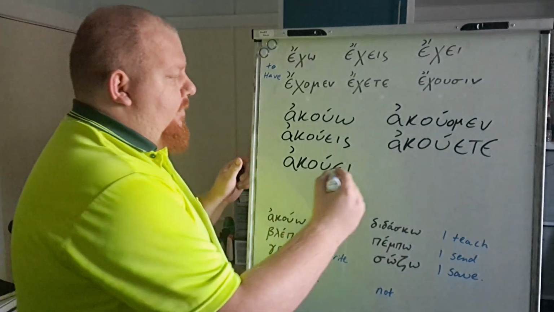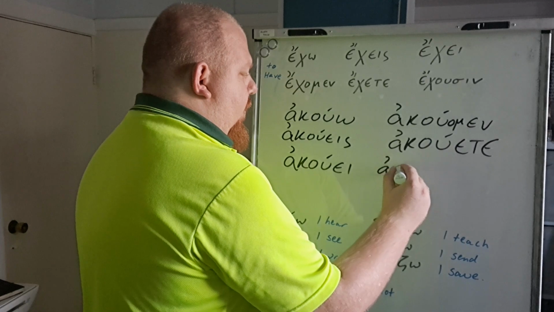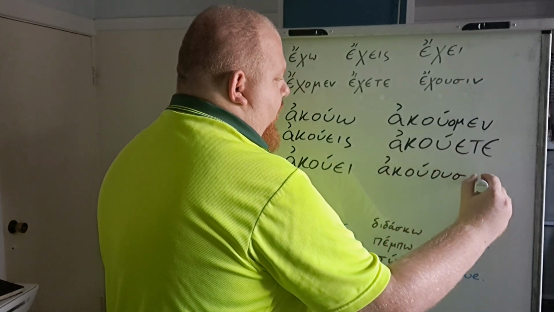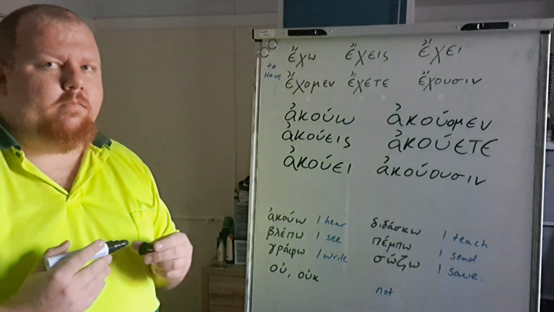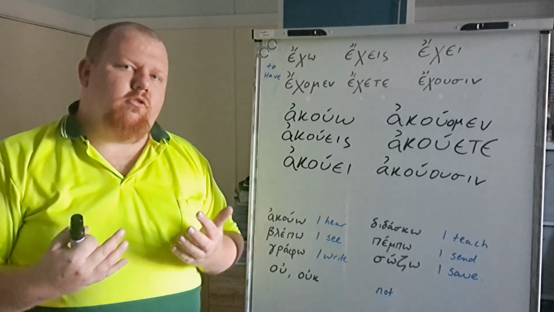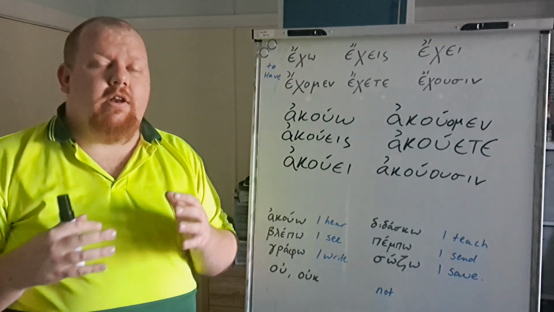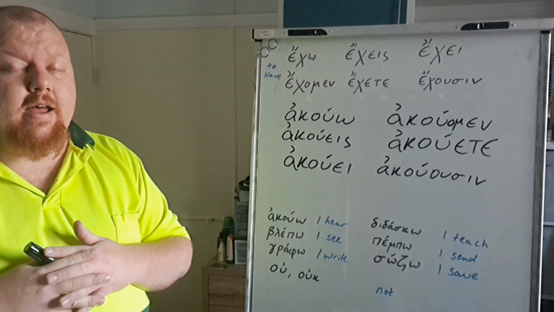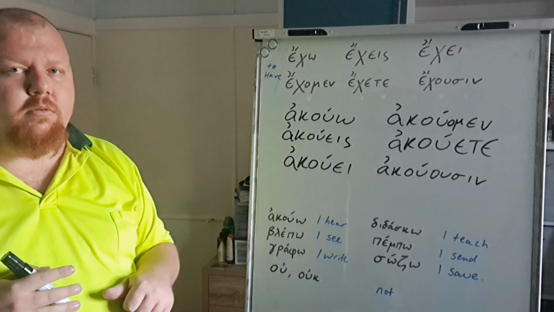And lastly, akusen. Now you can have a guttural stop in between akusen. You can have that double oo sound, or you can just merge it into one sound. But you have to write both syllables.